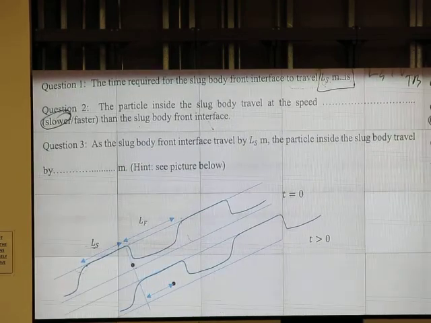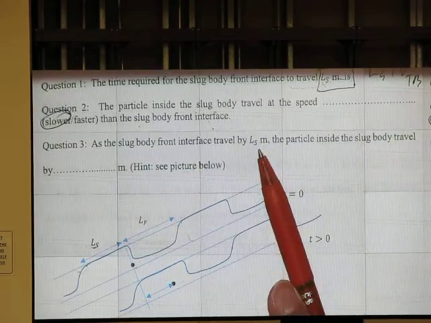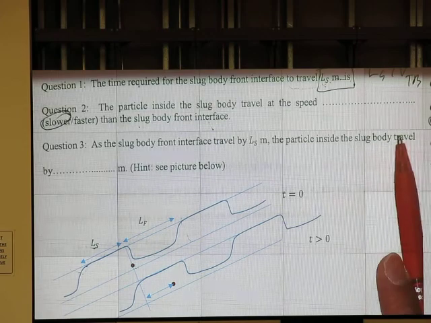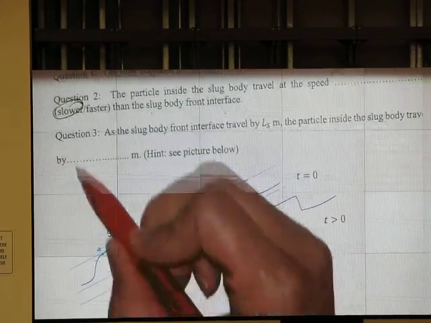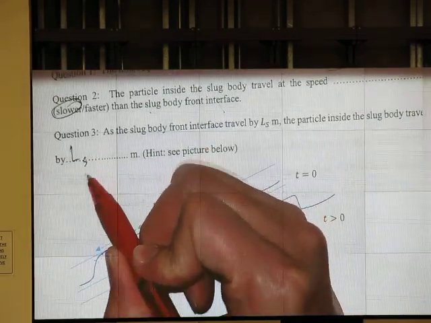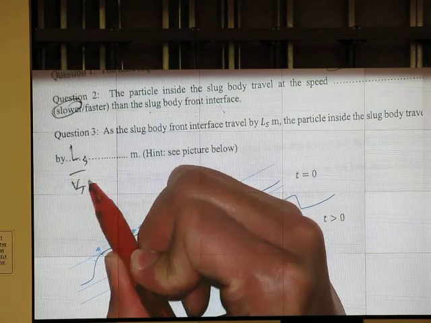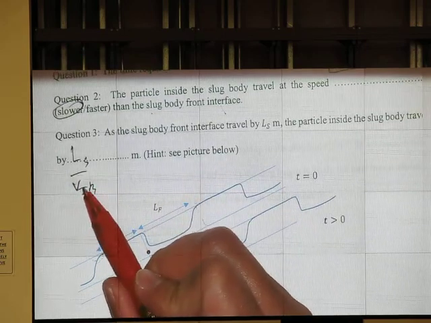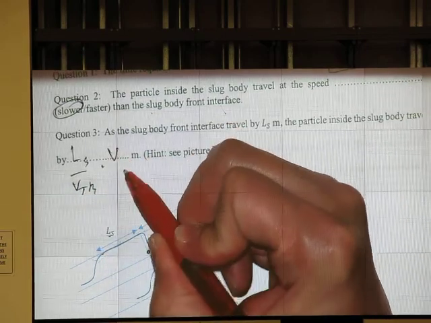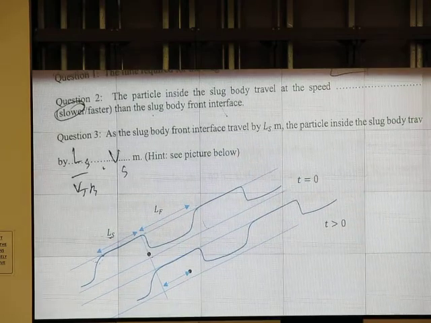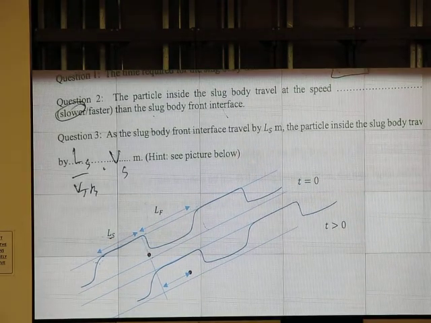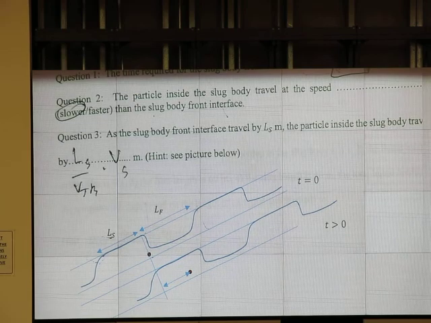So as the slug body front interface travels by Ls, the particle inside travels by Ls over VTB, this is the time, multiplied by Vs. Good? Meters. You understand this?